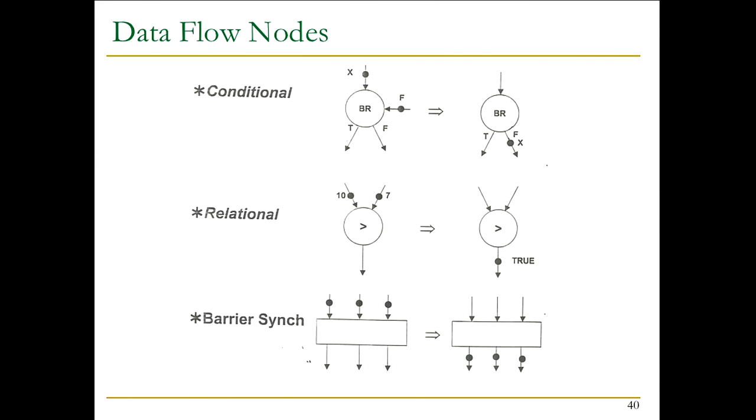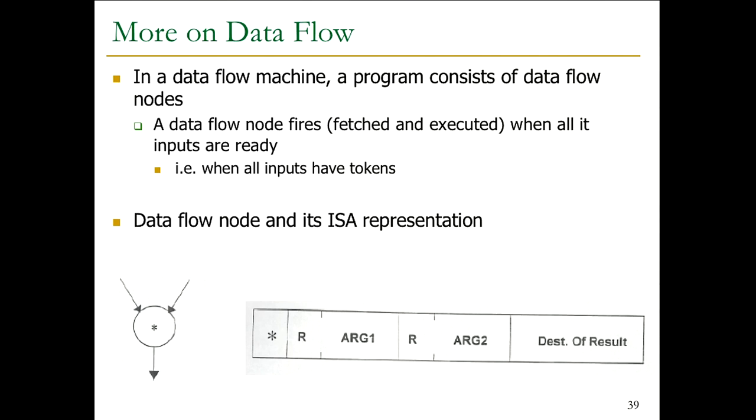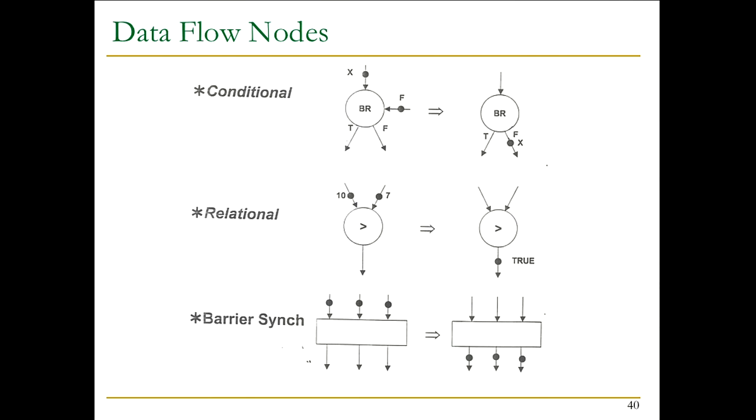You asked about the branches. You can have branch nodes that look like this. Basically, it's a conditional node. Remember, I said tokens. When this instruction gets a token here and a token here, when both of its tokens arrive, it can fire, and it generates another token after it executes. For the branch instruction, you need two tokens: the data token and the control token.